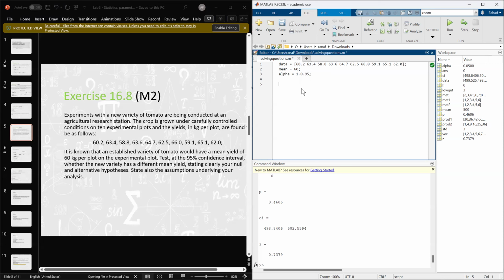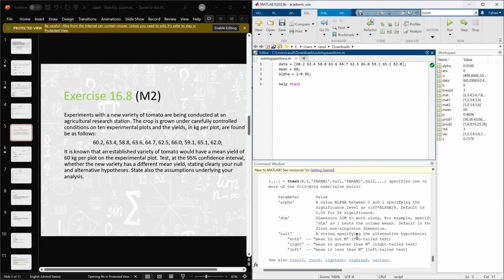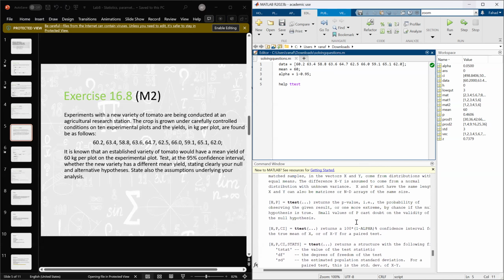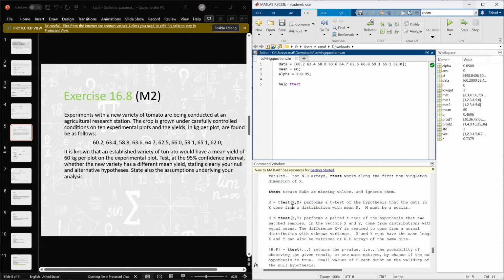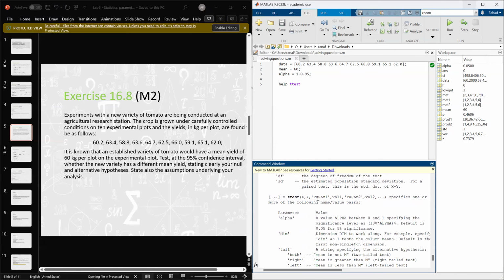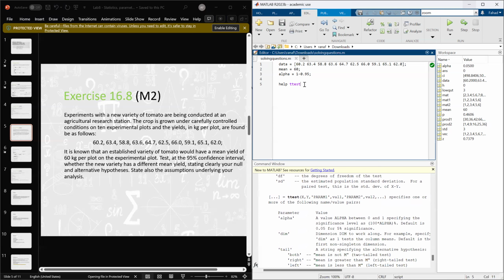But first, let's look at the help. What does the t-test say? X, Y, parameter. Yeah, here, X, M, parameter 1, parameter 2, parameter 3. So literally the only thing that's given to us is the data and the mean, no standard deviation. And sigma is not given.